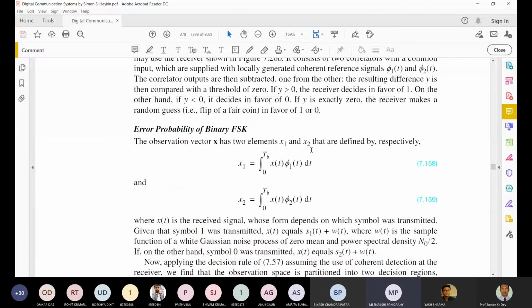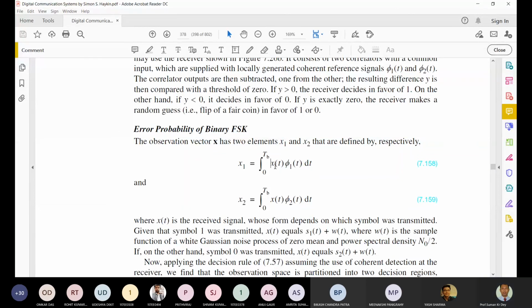Okay, so we know the value of these two components of the observation vector, S1 and S2, defined by this expression, where x(t) is the received signal. When we talk about the error, there is involvement of noise.